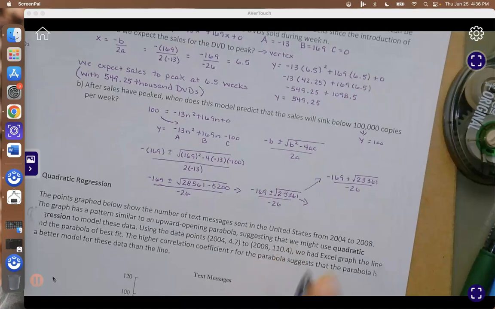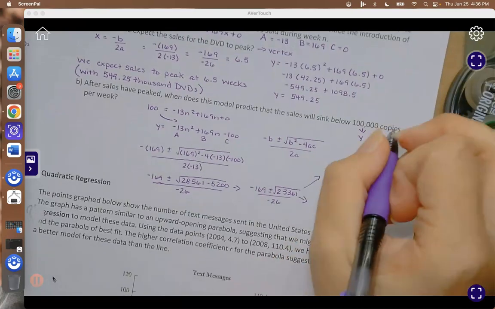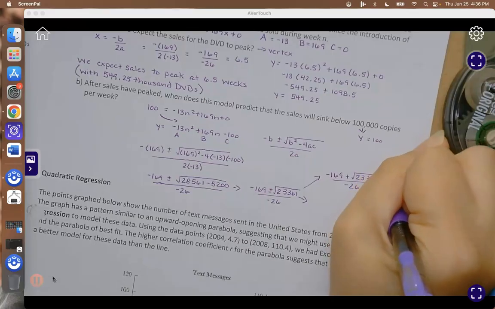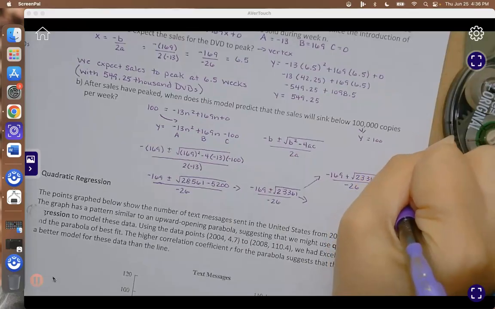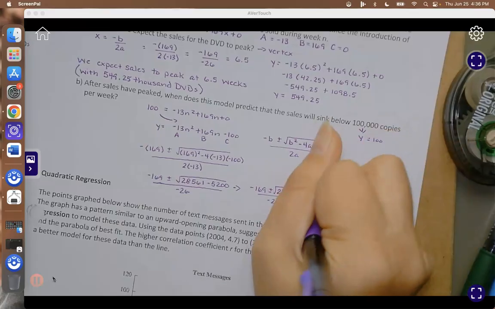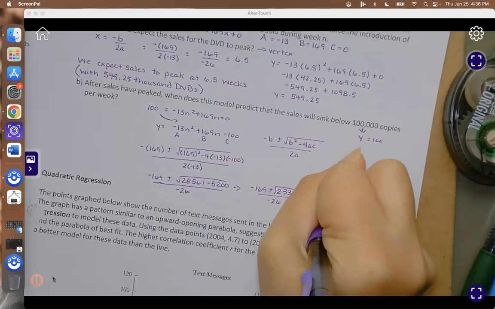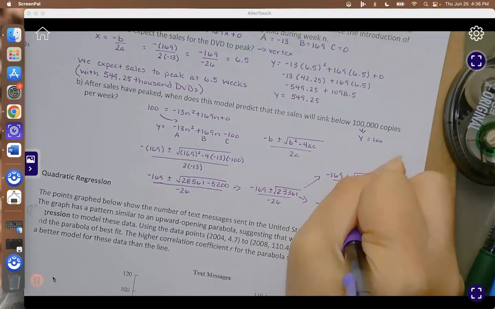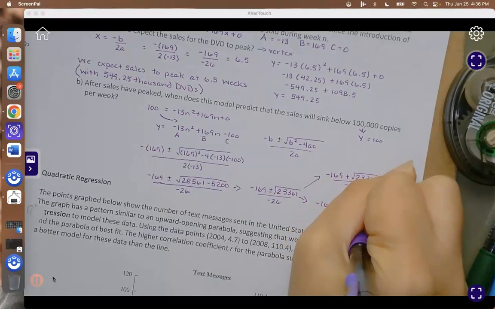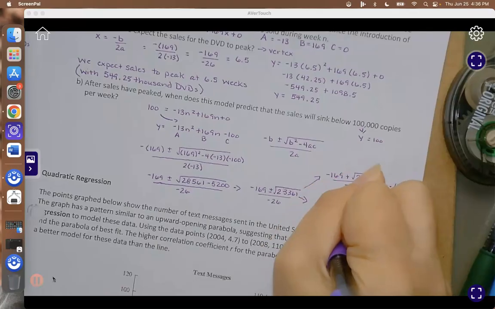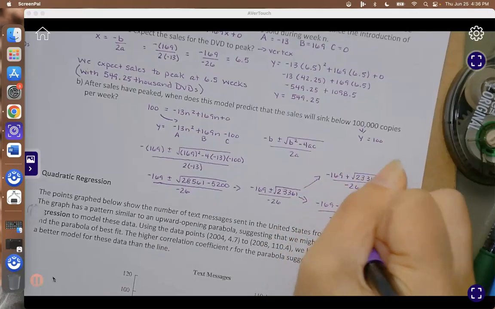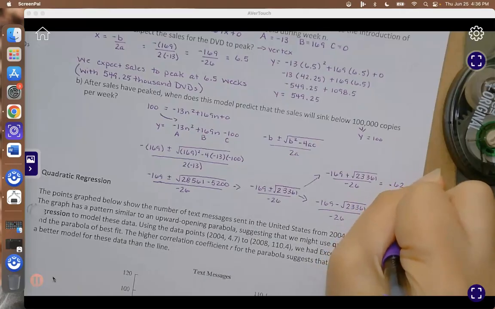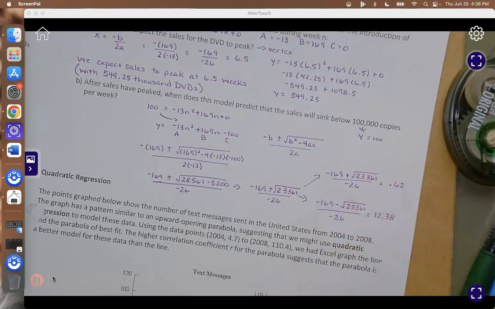And if you type that into your calculator, you're going to get 0.62. And negative 169 minus the square root of 23,361 divided by negative 26, that's going to give you 12.38.